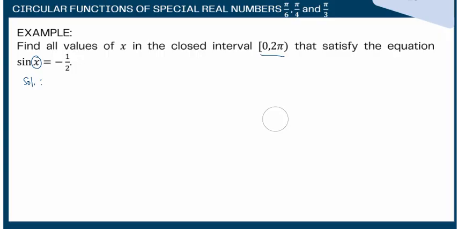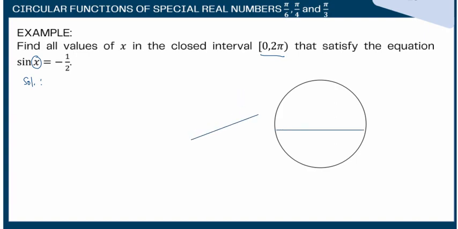So, what values on the unit circle will have a value of 1/2? Is it 30, 60, or 90? If we're looking at 30, the triangle looks like this, right? Our 1/2 there is going to be your y value.